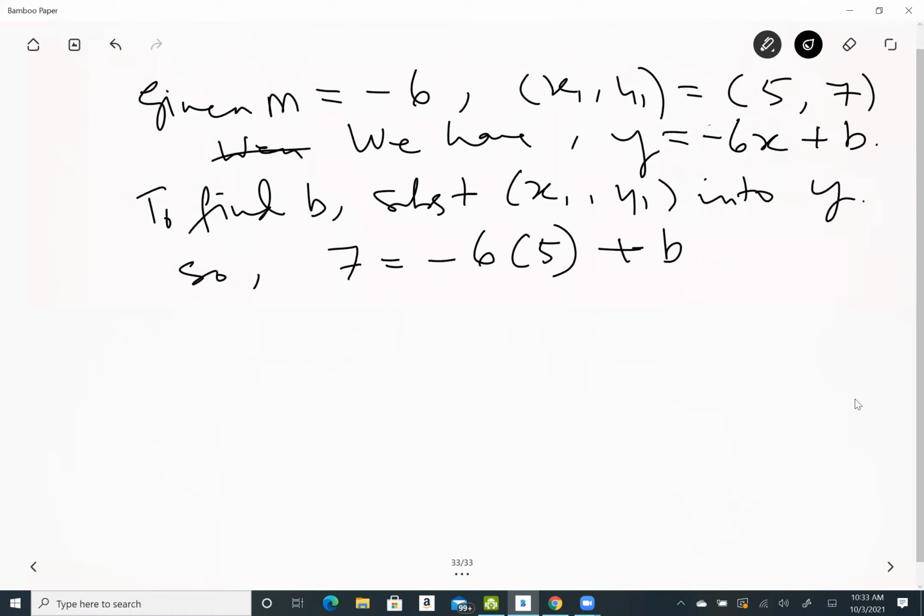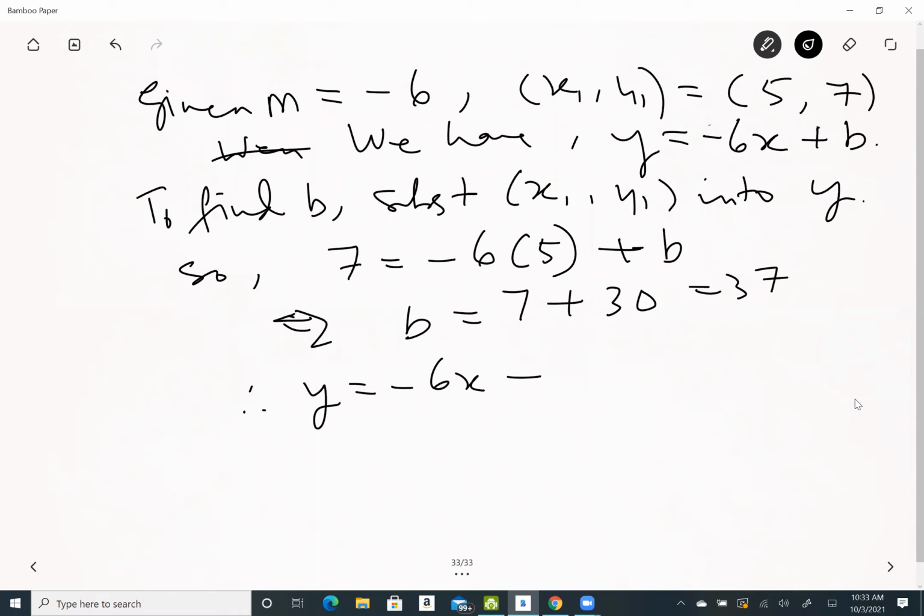So what is b? b is equal to 7 plus 30. So that will be 37. So you got b equals 37. That means your function is y equal to negative 6x plus 37.